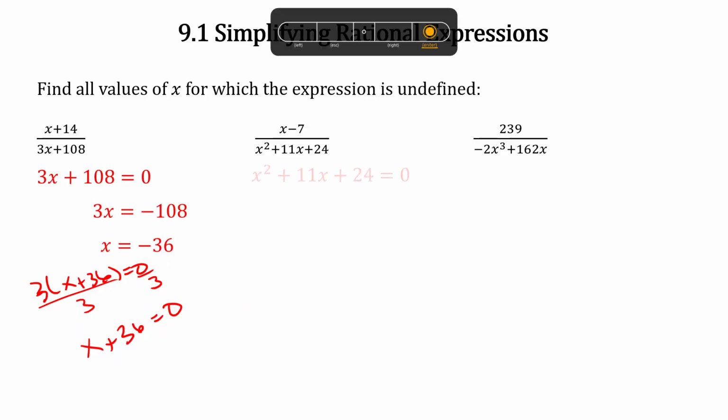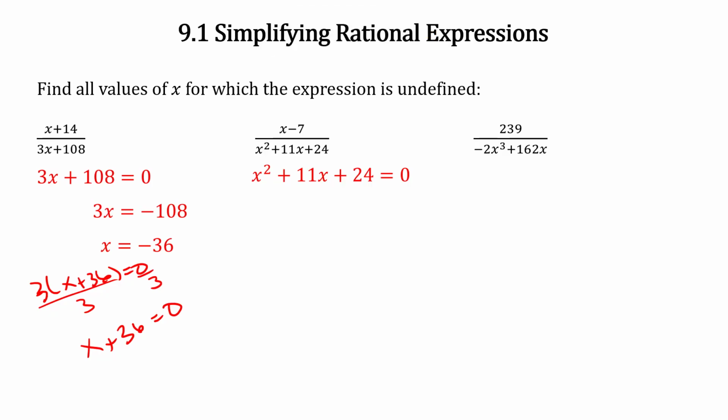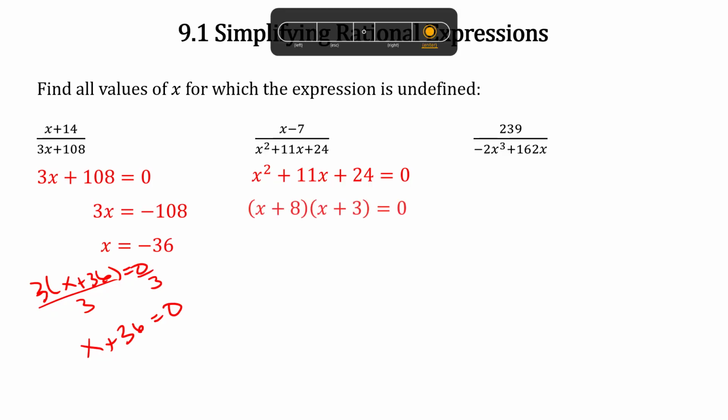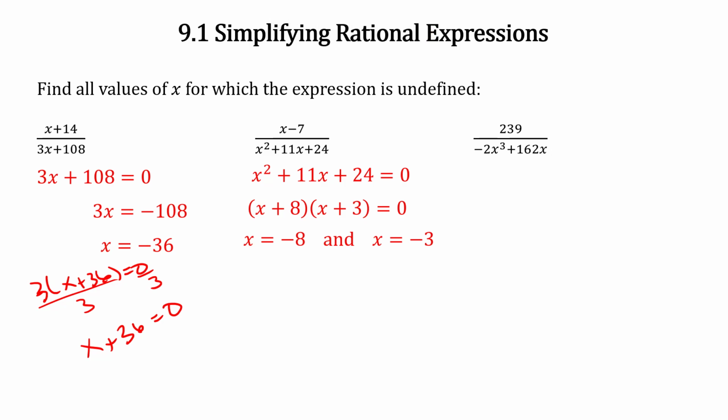Wouldn't matter. Okay, so then we just take the denominator, set it equal to 0. What multiplies to 24 and adds to 11? It's 8 and 3. So I'm undefined at x equals -8 and x equals -3.